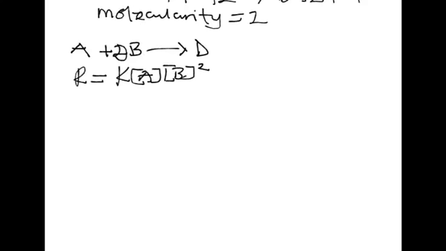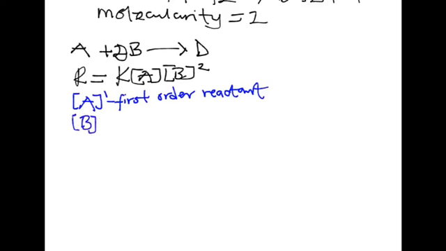So the order of reactant A is 1, and so we'll call it a first order reactant. And B being raised to the power 2, we'll say that B is a second order reactant. What if it is to the power 3? They will call it a third order reactant.